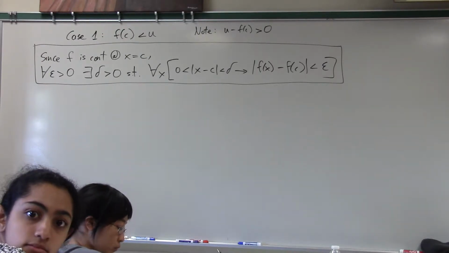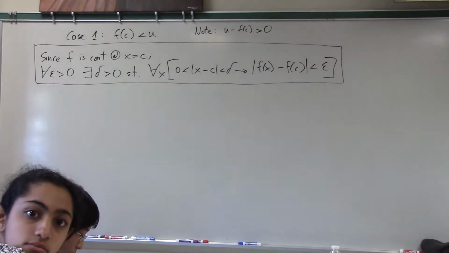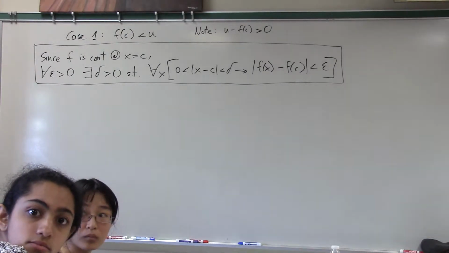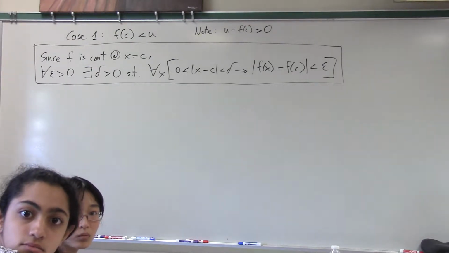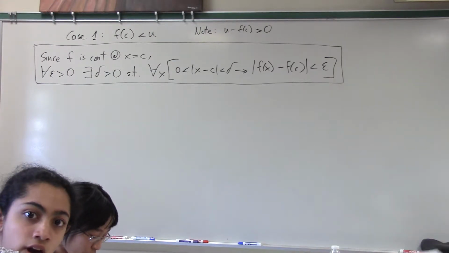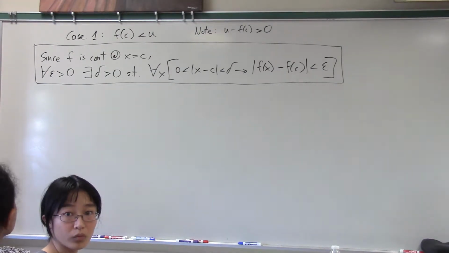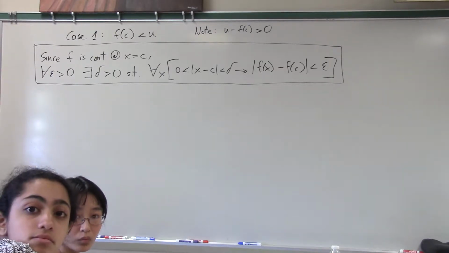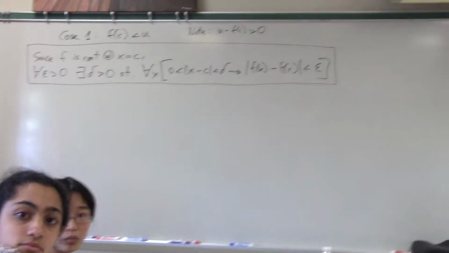Well, if f of c is below u, then I know there must be some x values that are really, really close to c because, wait, hold on, how do I say this properly? Well, basically, the very definition of continuity says that I can find x values very, very close to c, which are arbitrarily close to f of c, essentially, right?